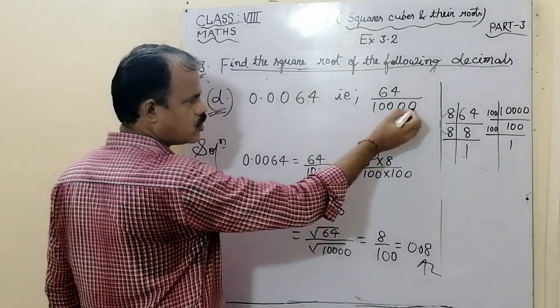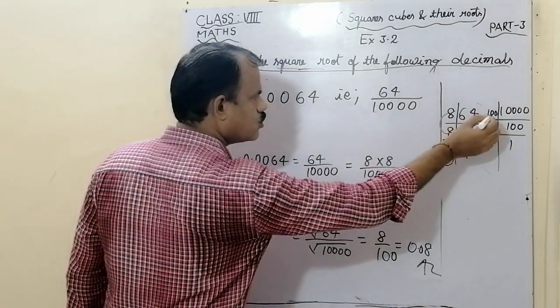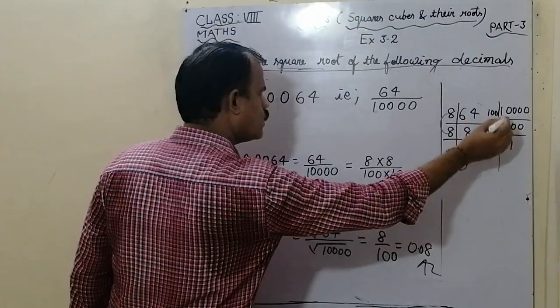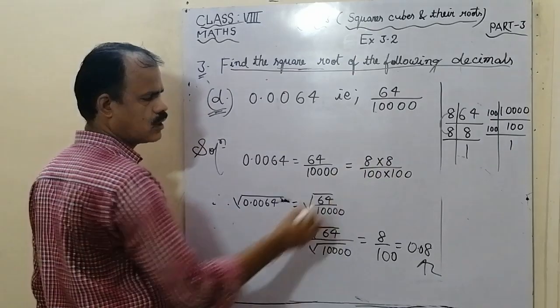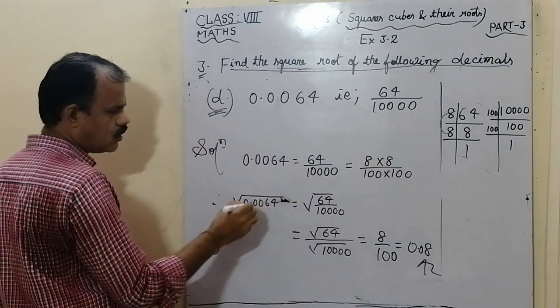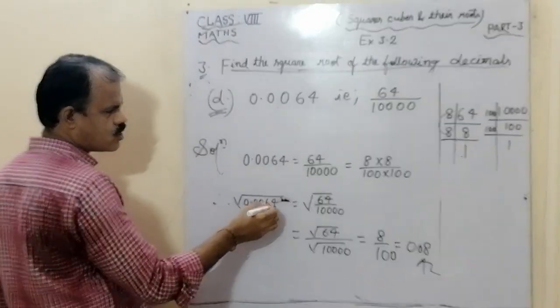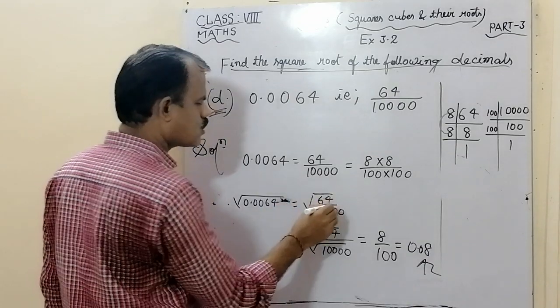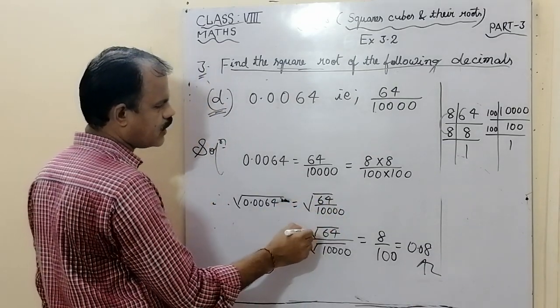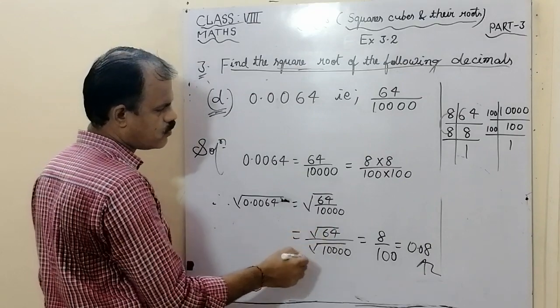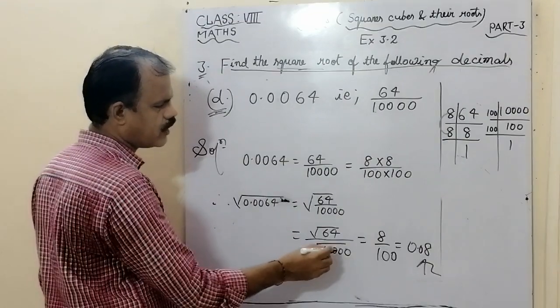And here 4 zeros are there. So 100 100s are 10,000, 100 ones are 100. So this is 100 into 100. So root under 0.0064 equals root under 64 upon 10,000. So separately we can write root under 64 upon root under 10,000.